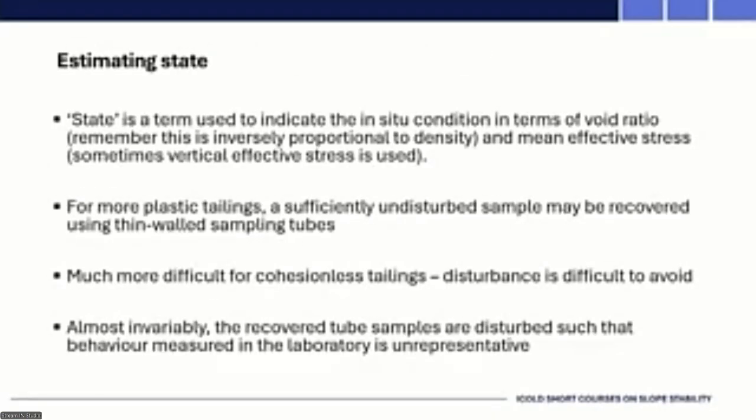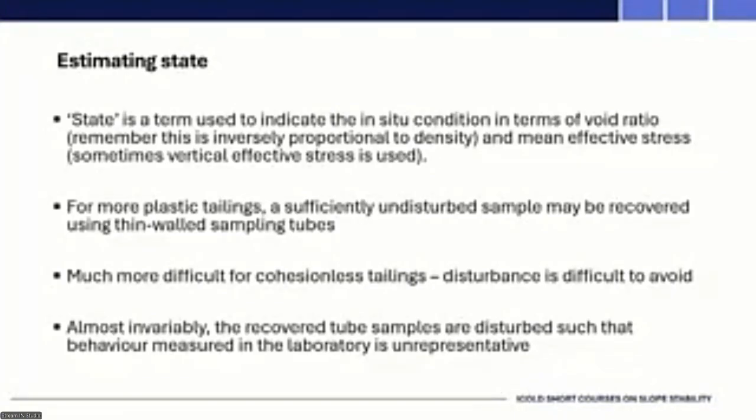So estimating state, then that's this. You've seen it before. It's how far away in void ratio space are you from the critical state line? In terms of estimating state, particularly with more cohesive plastic-like materials, we can usually get pretty good undisturbed samples using thin-walled piston tube type sampling.